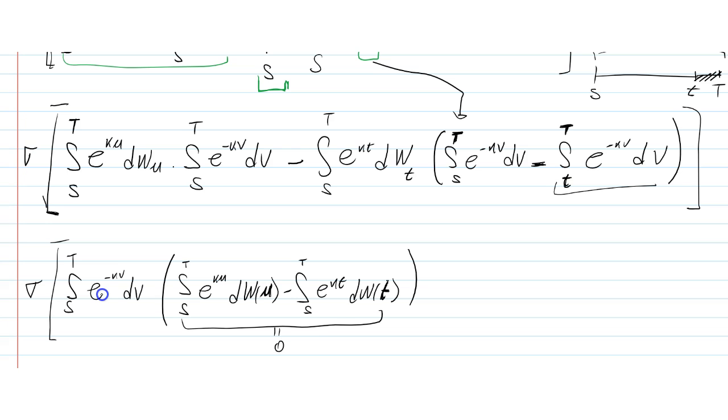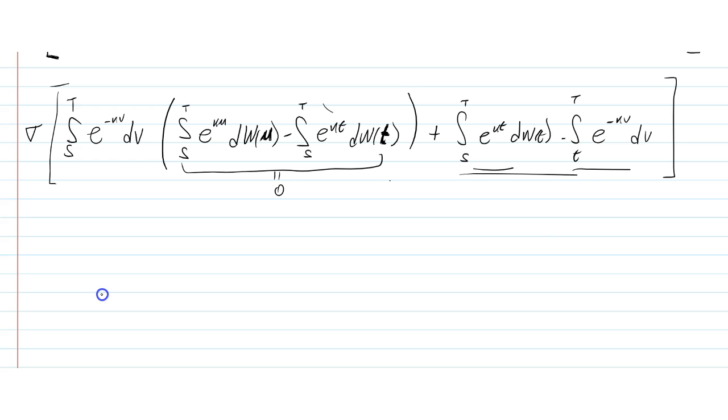It's just naming the evaluation variable differently, but that doesn't change anything. So these guys will cancel out, and then we'll have left off this guy still there, the stochastic integral and the deterministic integral.